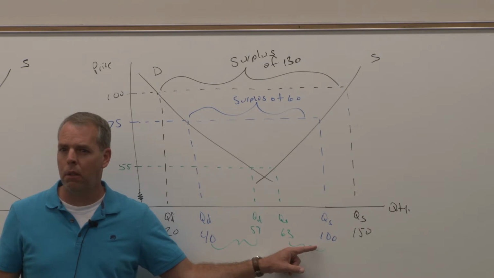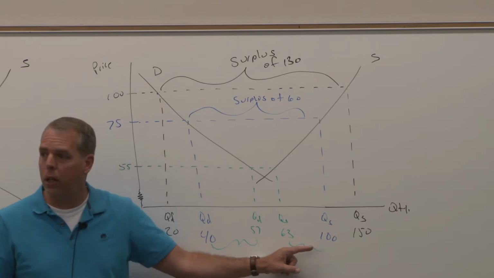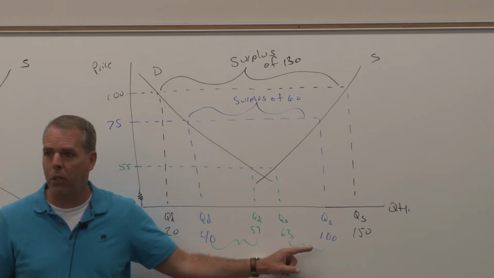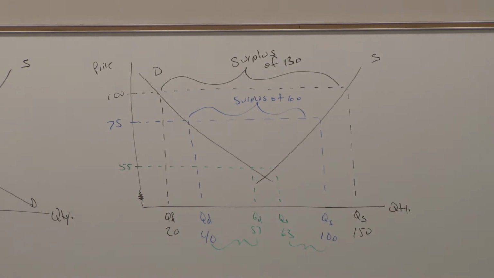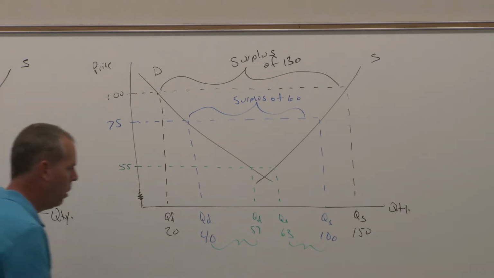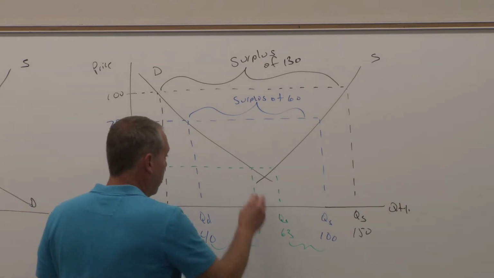It costs more than $55 to make them. So if they're only going to get $55, what do they do? No, I'm not making that. There's no sense to do that, right? So the surplus here is a whole lot smaller, right? As prices are going down, that surplus is shrinking. Here we saw that the surplus would be, say, 6.